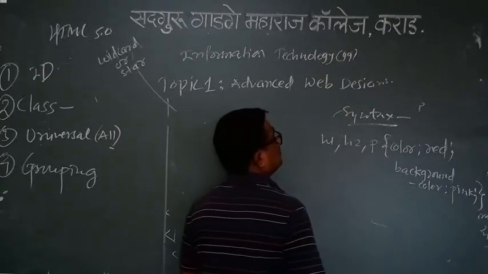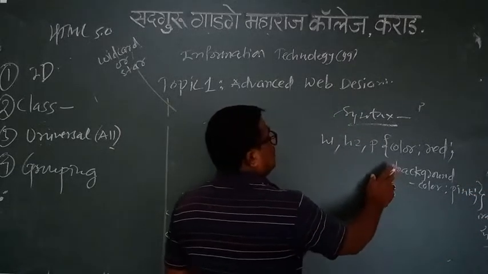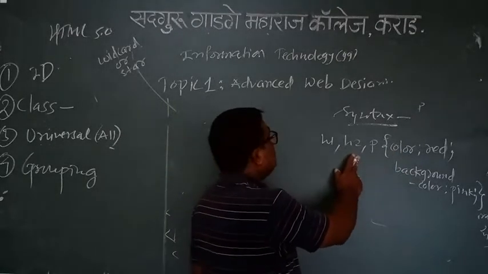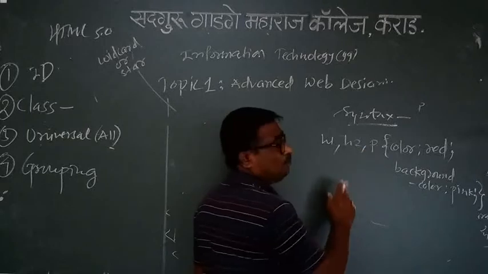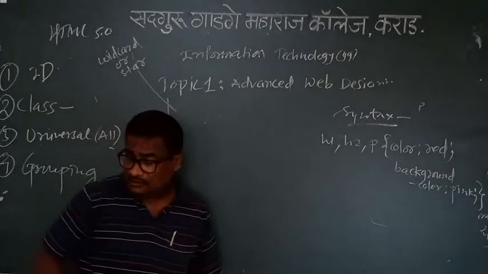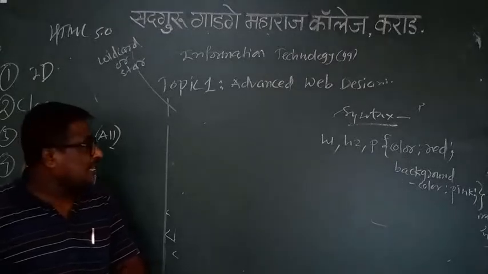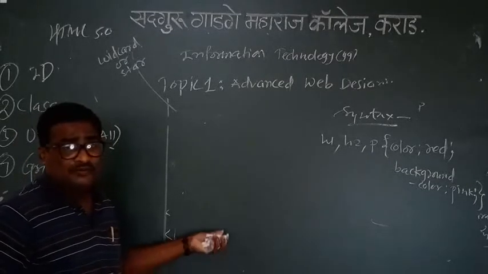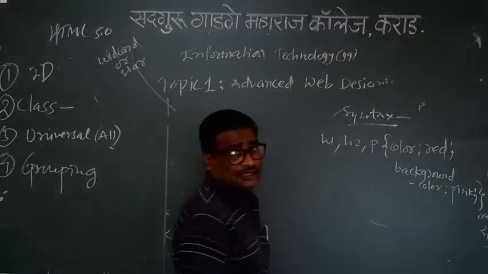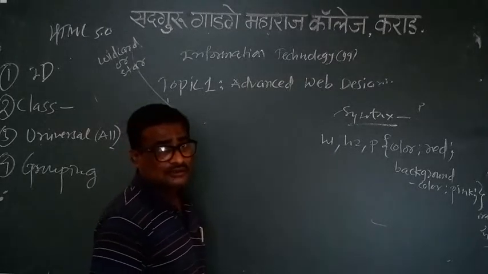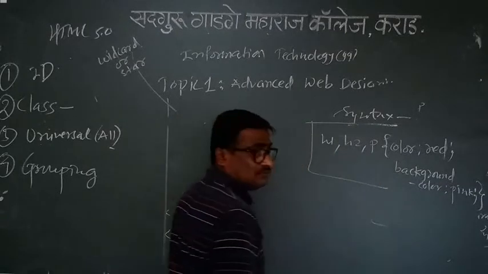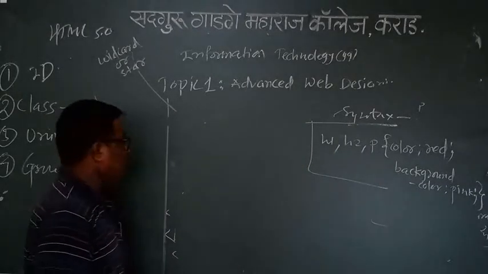Okay. This style is applied on three tags here, H1, H2 and P. Whenever these tags are displayed in the body tag, this style is applied automatically, and that is called a grouping.